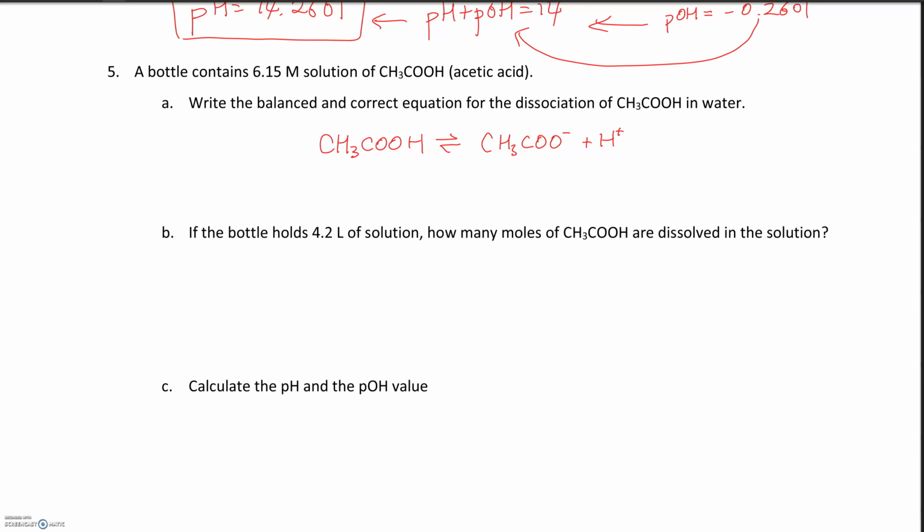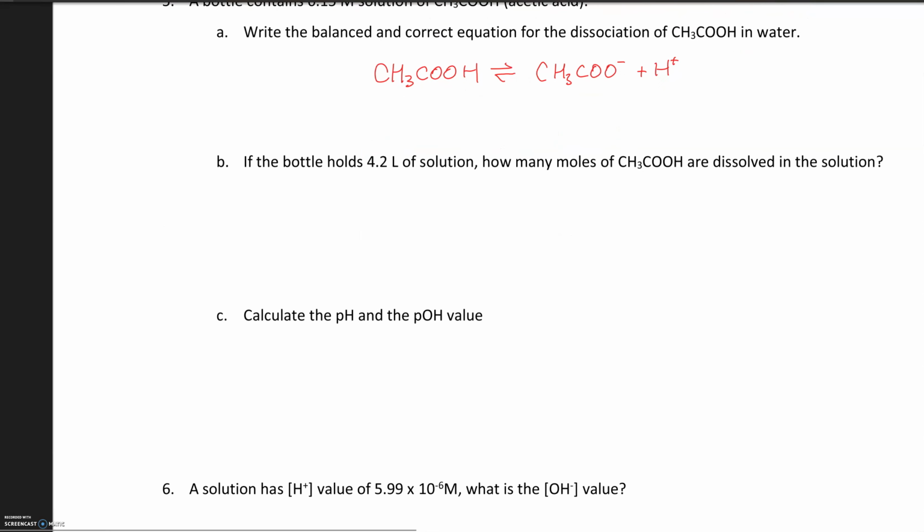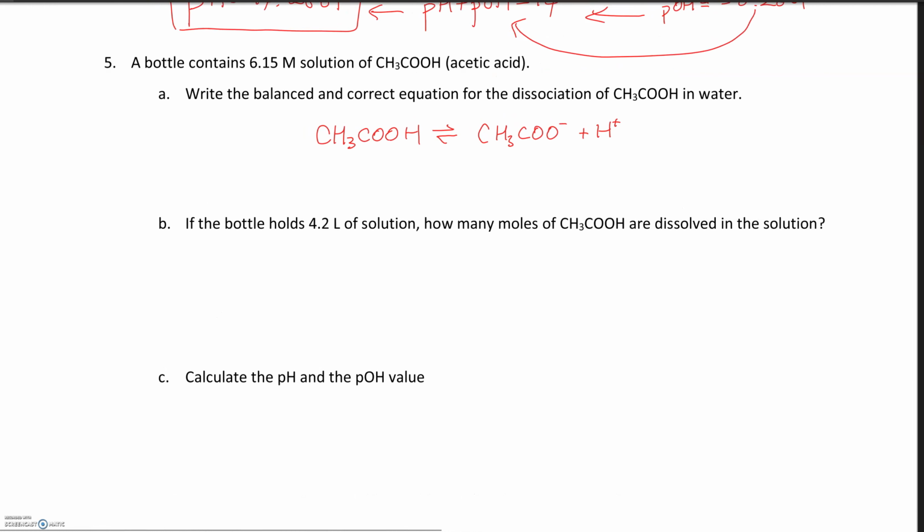Now, another way we can write this, because acetic acid is not always written as CH3COOH, sometimes it can be written as HC2H3O2, and we can write it the same way, except for now we are in a much more familiar form of hydrogen ion coming first, and then the acetate ion coming right afterwards.